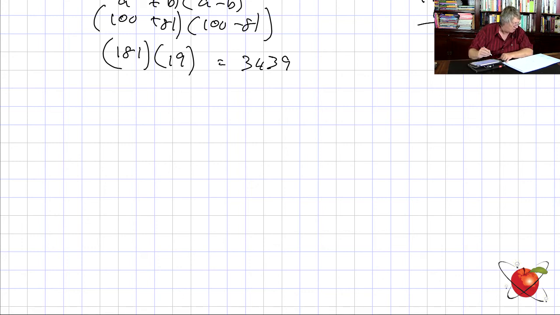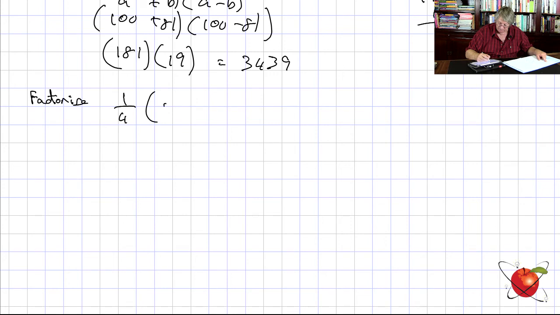Here's one. Factorize 1/4 times x squared y cubed minus 1 over 16 x cubed y squared.